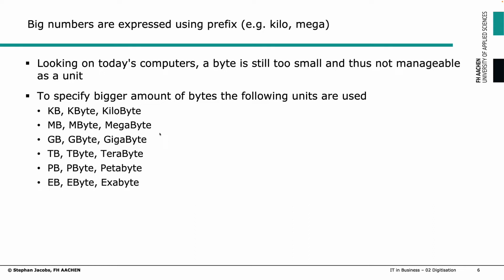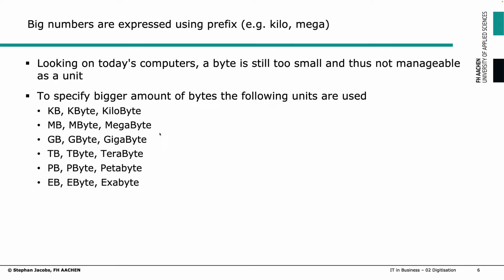Actually, 8 bits or 1 byte is still very little information, and it's just not manageable to handle big units of it. So specific bigger amounts of bytes are used, using the prefixes kilo, mega and so on. But what is actually a kilo? Think about your real world experiences.